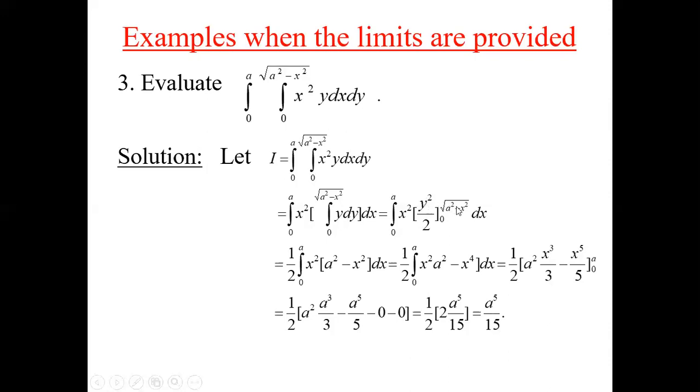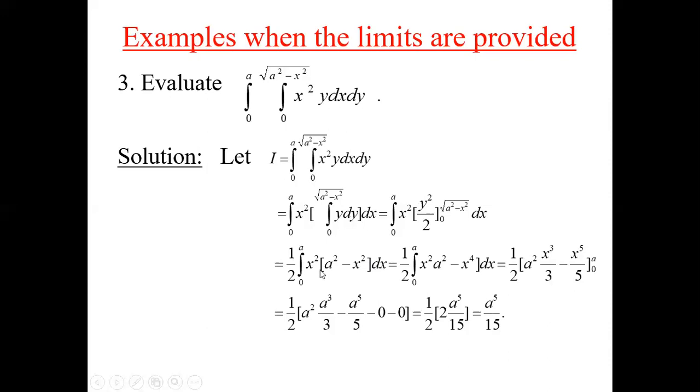So when you put the square of this value, the square root will get cancelled, therefore I get a square minus x square. When you put the lower limit, y is equal to 0, that's equal to 0, so automatically only the upper limit exists and that upper limit is a square minus x square into dx.